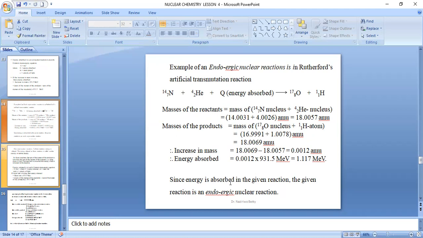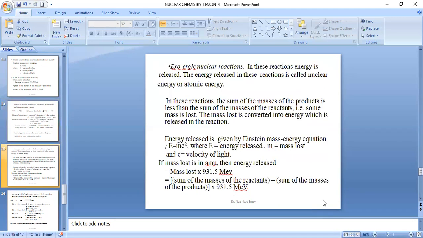Since the energy is absorbed in the given reaction, the given reaction is known as an endergonic nuclear reaction. Another type is the exergonic nuclear reaction. In these reactions, energy is released.